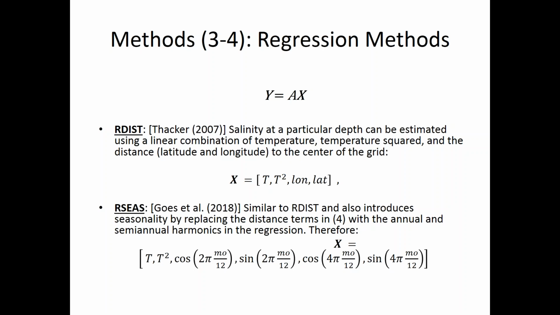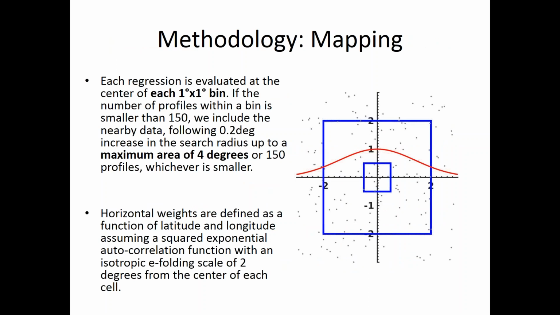We tried to see what gain we would have by representing the seasonality with the annual and semi-annual harmonics. And this came partly from ideas from Rick's talks about seasonality in the drifter data, so it is something that came partially from that.